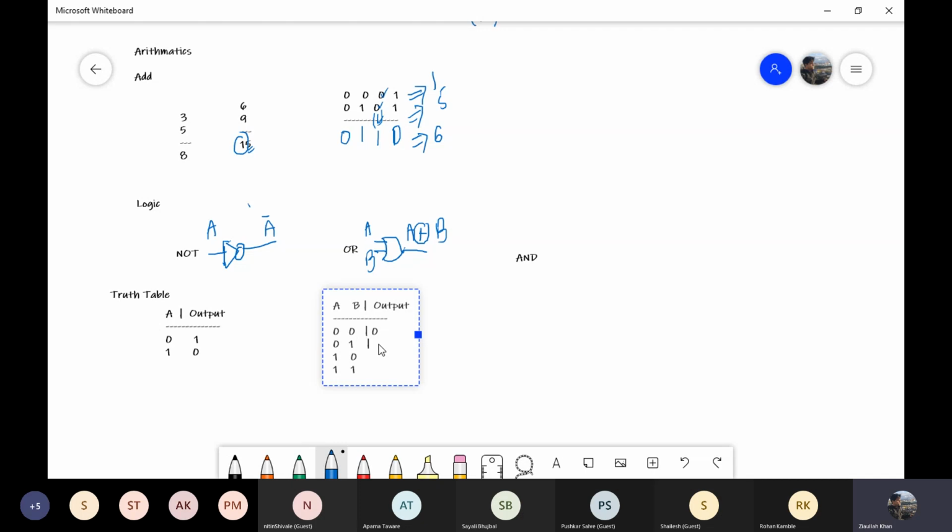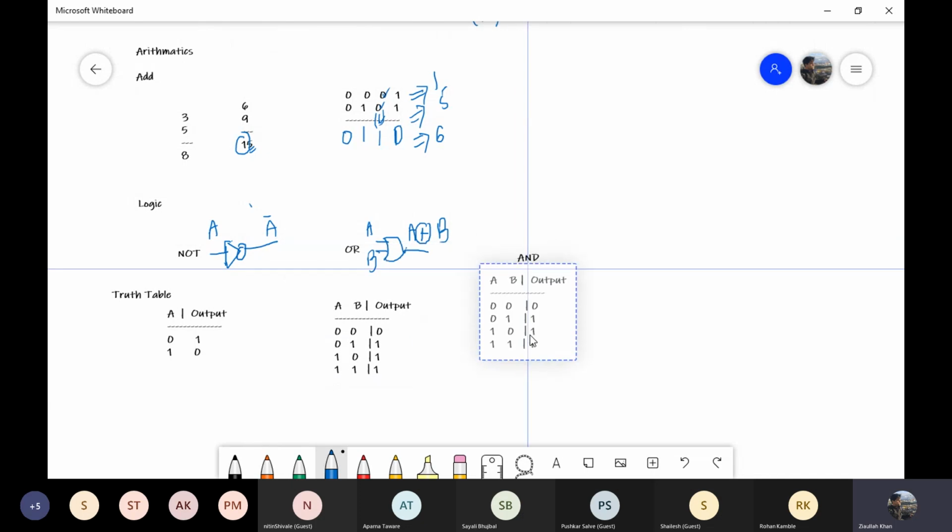When A or B, any of those two are 1, the output is definitely going to be 1. So this is the truth table of an OR gate, where at least one of these two has to be true so that the output becomes true as well.